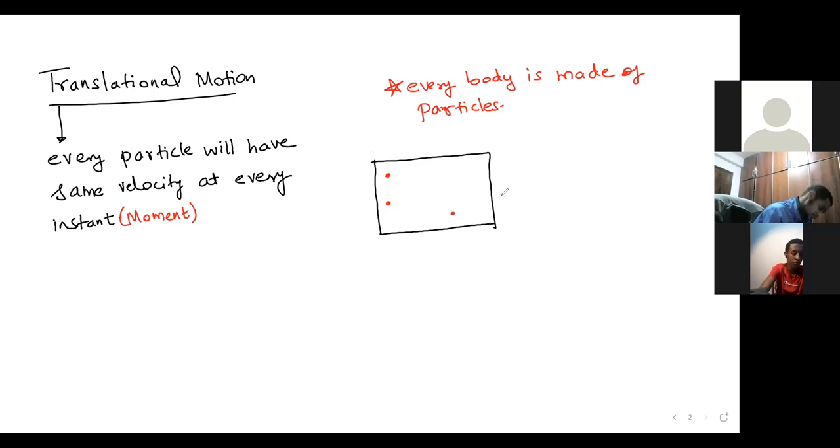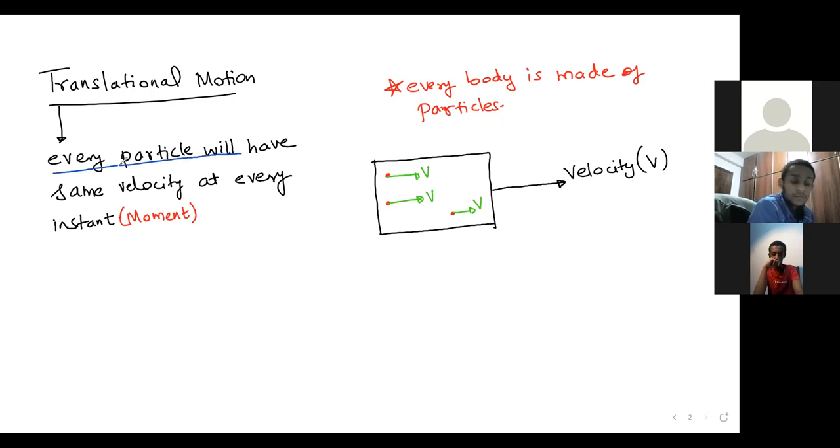Let's take an example. My body is moving in a straight line with velocity v. Can I say, if my body is moving in a straight line, this particle is also moving with the same velocity, this particle is also moving with the same velocity, right? So whenever you notice that each and every particle is moving with the same velocity at every instant, that kind of motion is called translation.